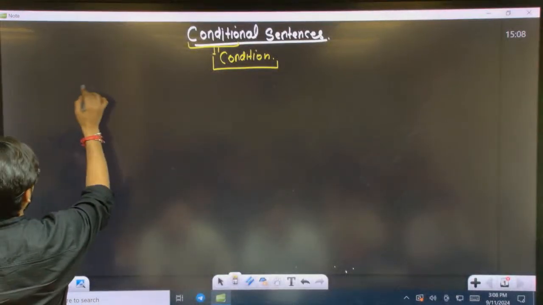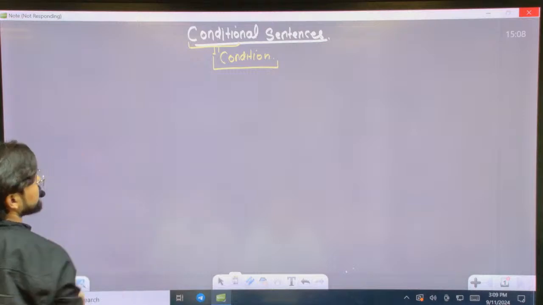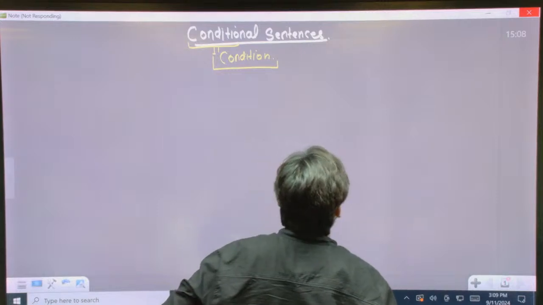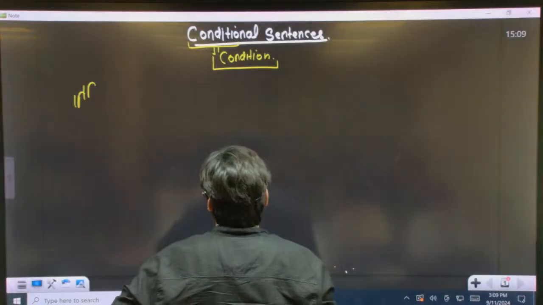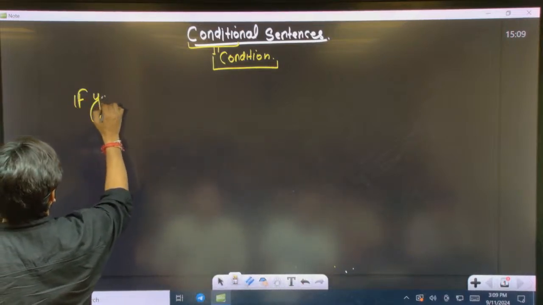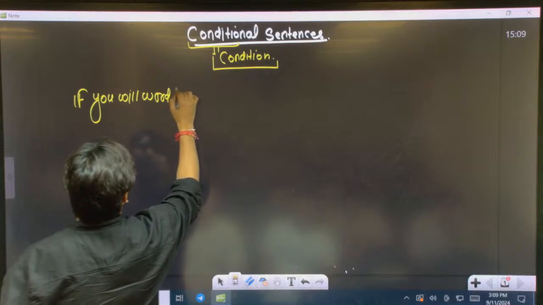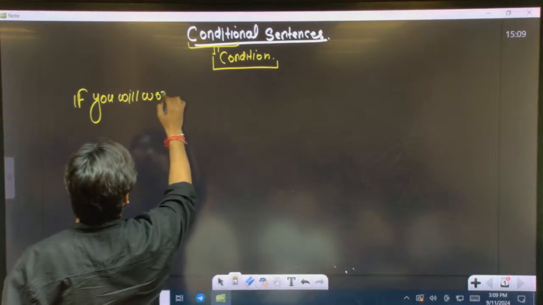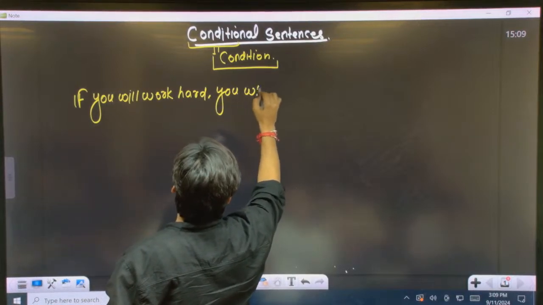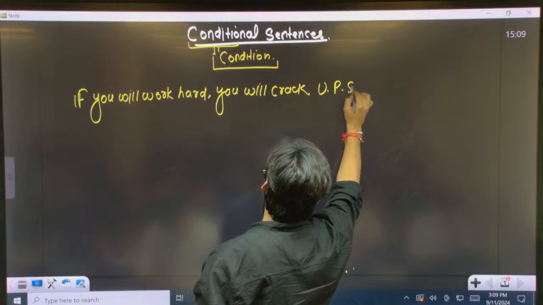If I just write down a sentence for you: If you will work hard, you will crack UPSC.